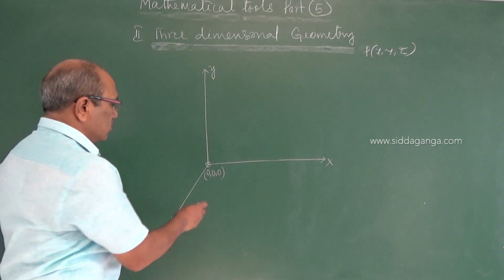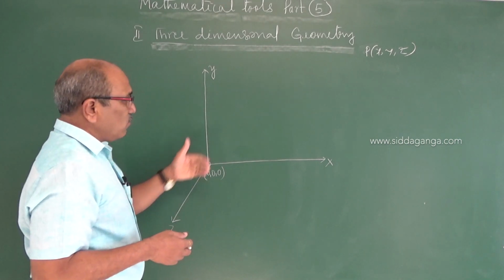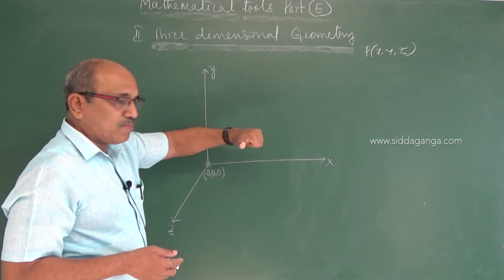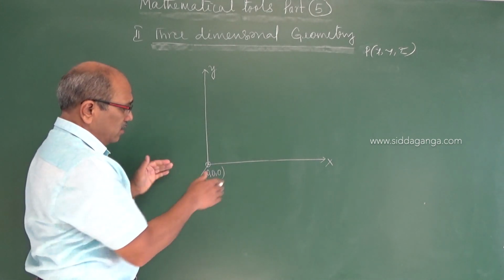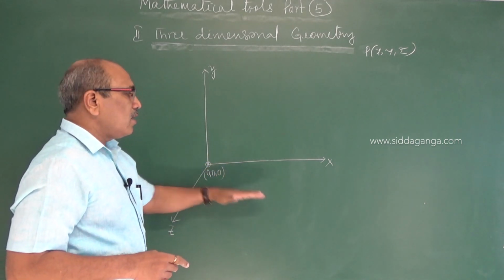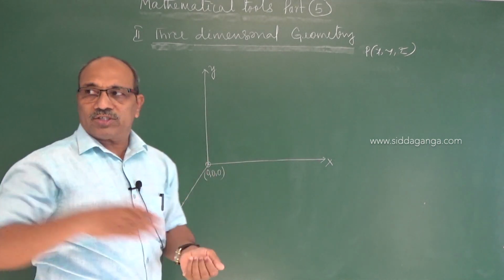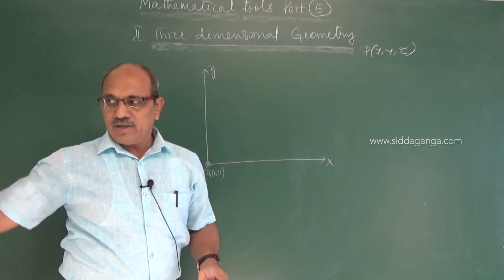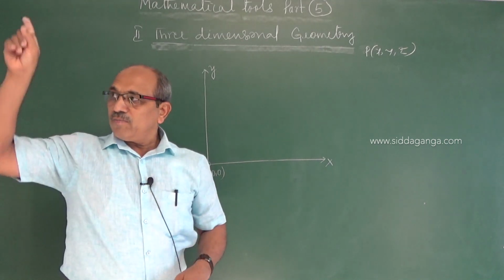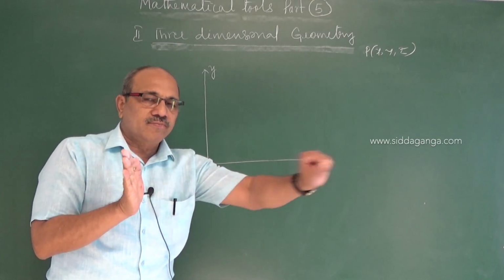Just imagine, I am locating the z point. If I want z, I have to move perpendicular to the xy plane, and I can see the point moving along that. If I want the x component, I have to move perpendicular to the yz plane, this wall. This is the ground; if the yz plane is this, since this is y and this is z, you move like this.